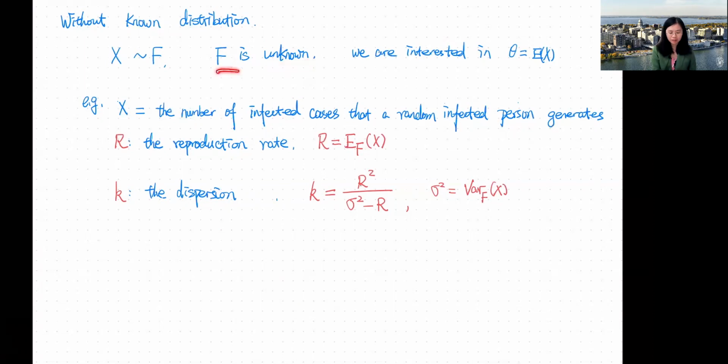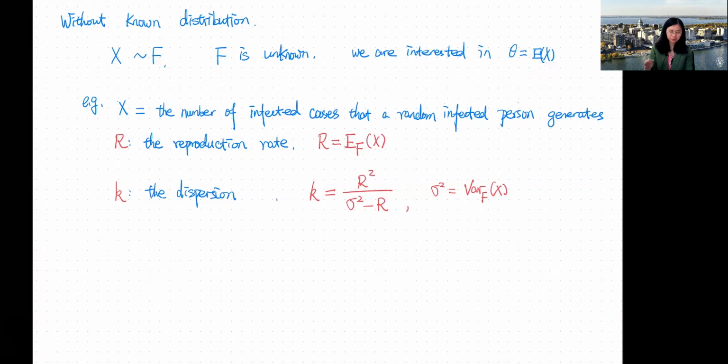F is unknown, but we are interested in some features, some traits of F. For example, we might be interested in the expected value of X. Expected value is a trait of the distribution, right? It is one summary quantity of the distribution.